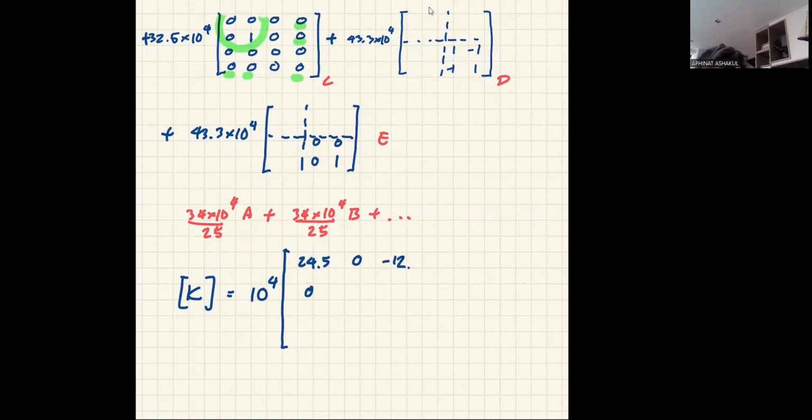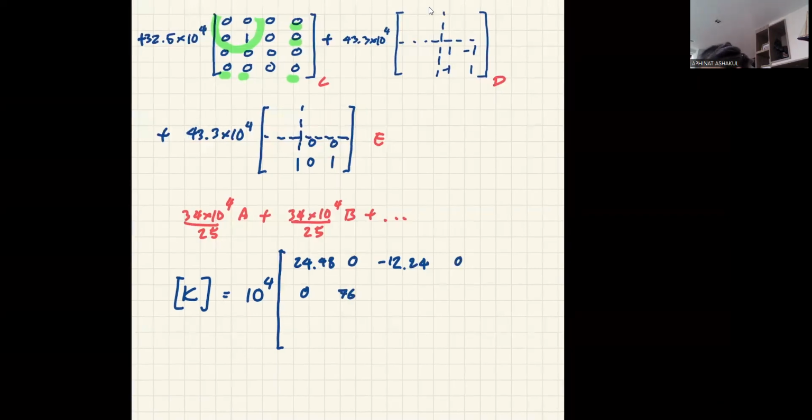12.2. You know what? Let me be crazy about this a little bit, because you see how the numbers are double. This 24.48. It's 12.24. 0, 76, minus 16.3, 0.